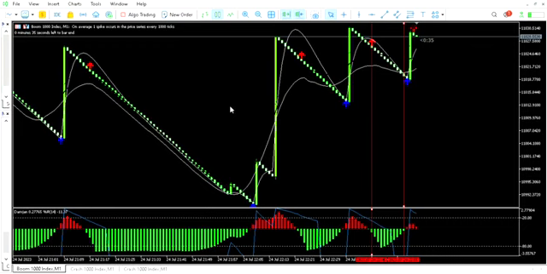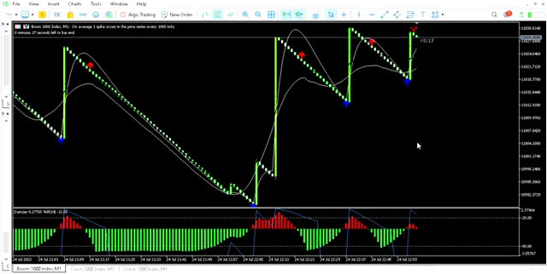Yes, this is a combination of 5 indicators that I've put together to come up with this. So don't worry about these red lines, I can actually delete them. I don't really like a messy chart. Nice and clean with the indicators.